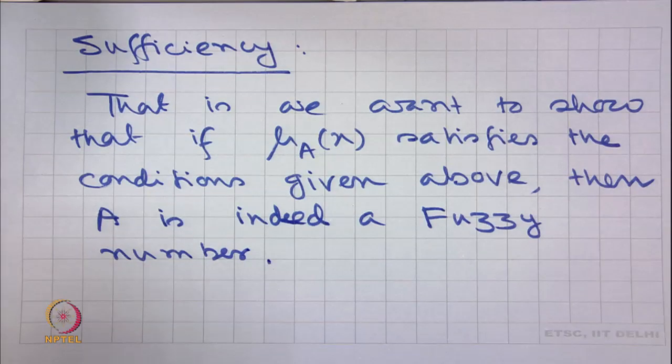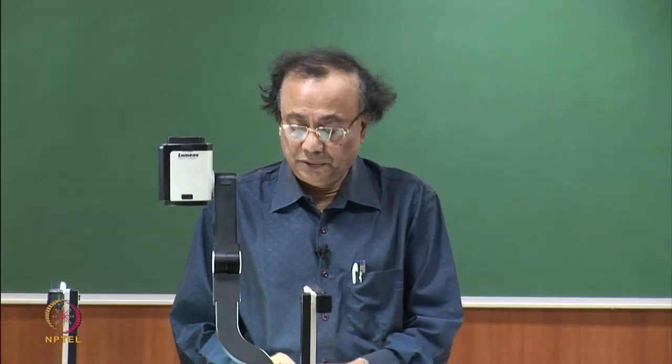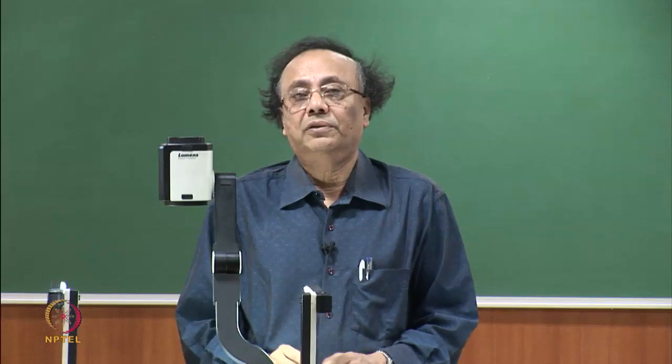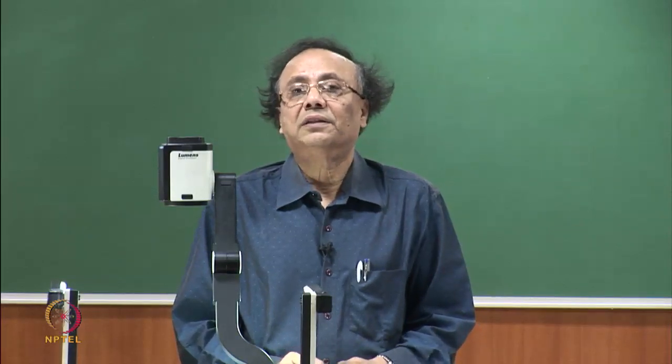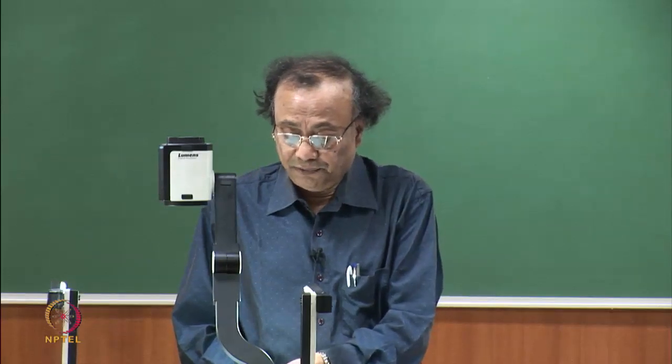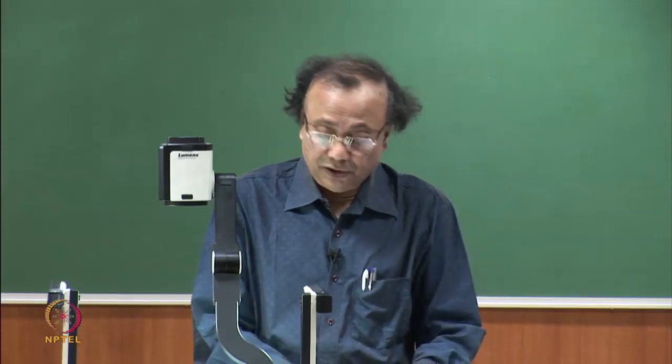That is, given these properties of the membership function, we want to establish that A will follow the 3 properties of a fuzzy number, and that proof is as follows.